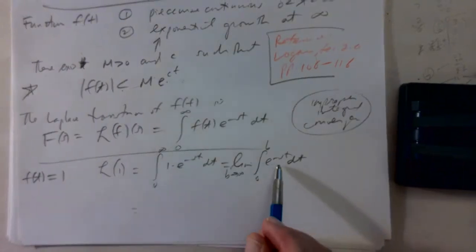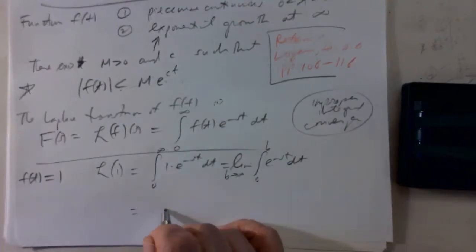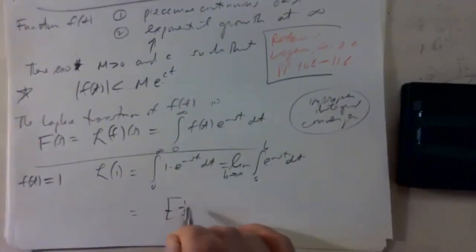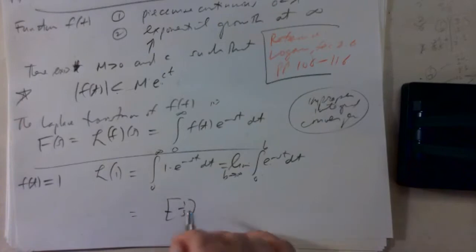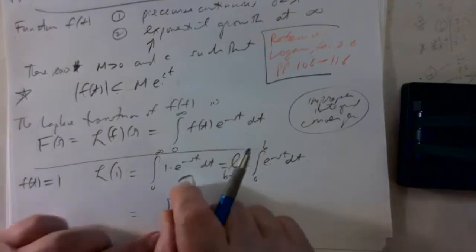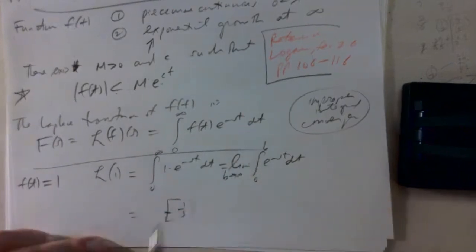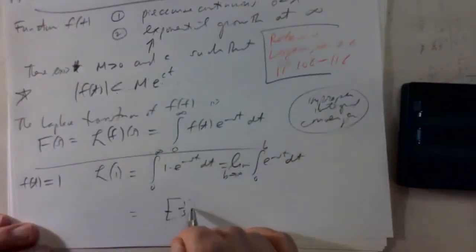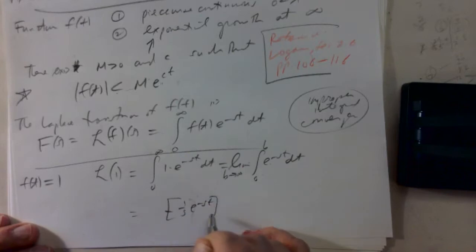What's the antiderivative of e to the minus st? It's minus 1 over s e to the minus st, evaluated from t equals 0 to t equals b.